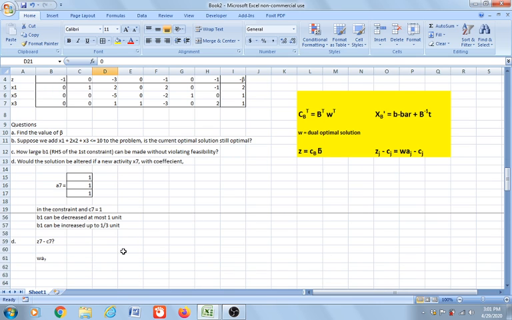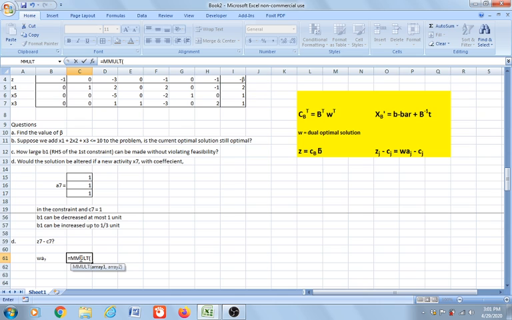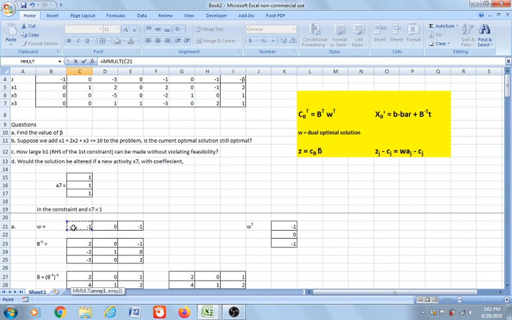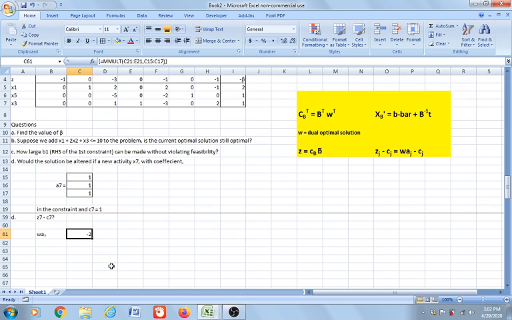So that's W times A7, Ctrl Shift Enter. So the value is minus 2.